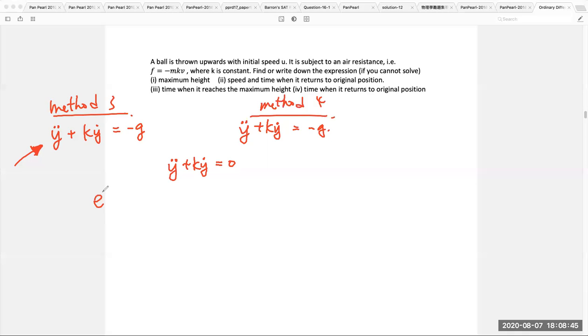So we try the solution e to the rt, and you get r equal to negative k. Actually, that means r equal to 0 or r equal to negative k, two solutions. Then you can solve the homogeneous part easily.